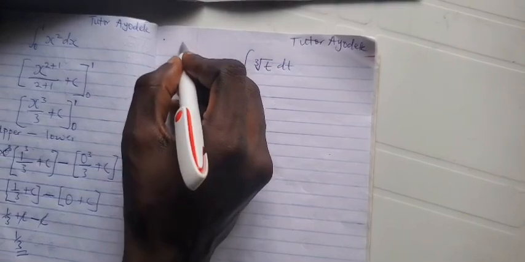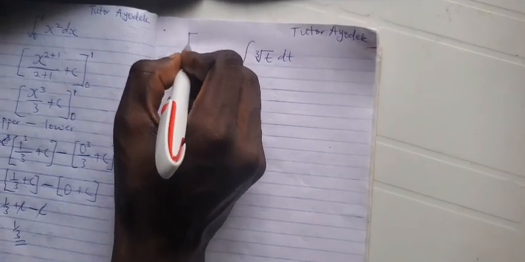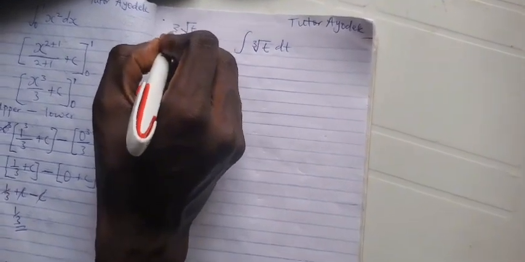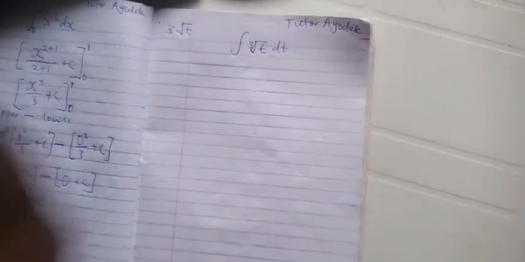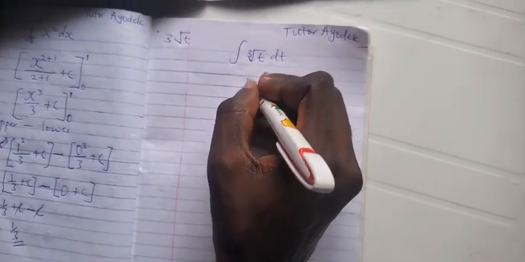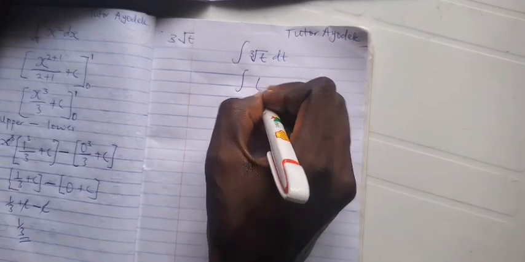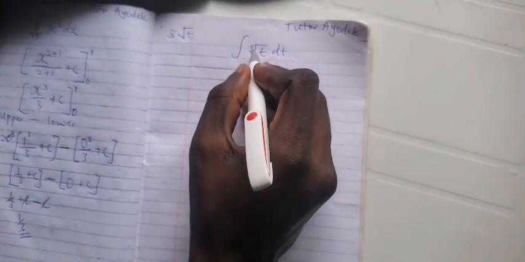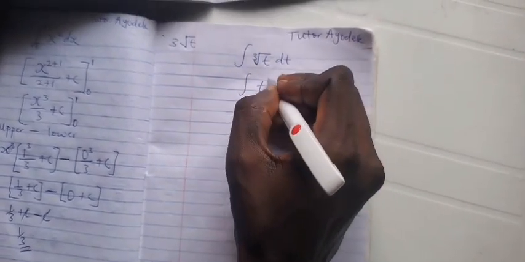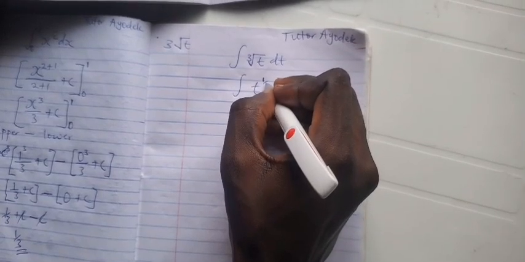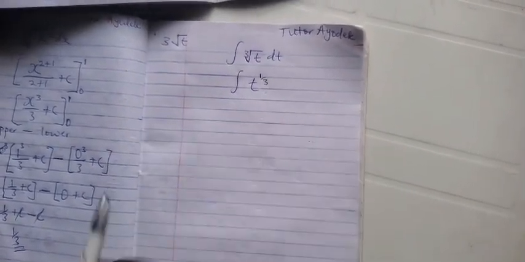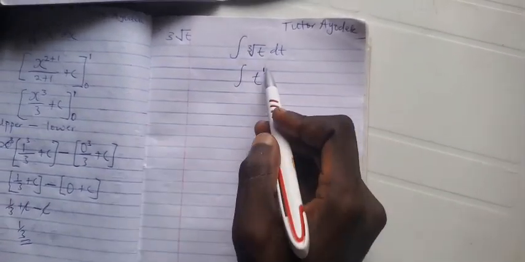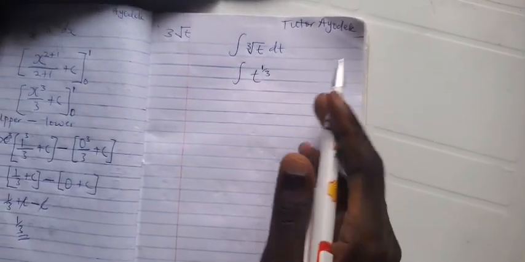This is different from this, because this root is outside, but this root is inside here. So you can also rewrite this as t, write it first. This one will become 1 raised to power 1 over what? 3. So what if here is 4? It will become raised to power 1 over 4. What if here is 5? It will become raised to power 1 over 5. I hope you get that.